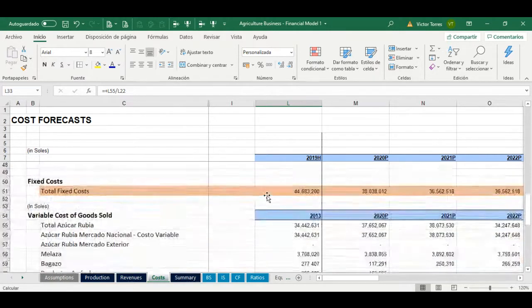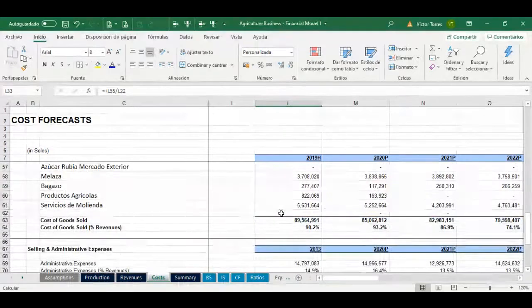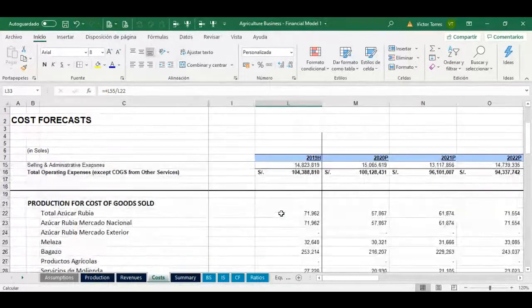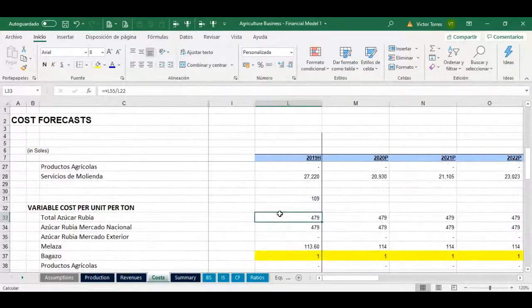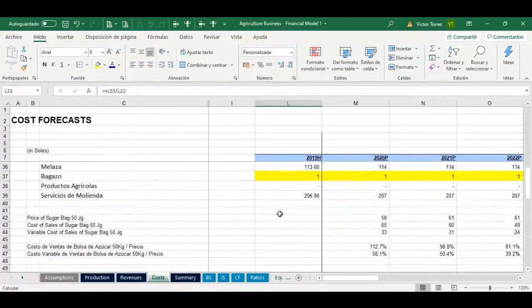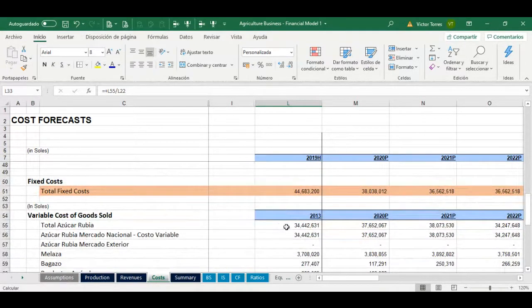What we have tried to do here is exclude the depreciation as part of our estimation, because we're going to be analyzing that in a bit. We try to separate everything related to depreciation in a different tab in order to forecast that correctly. That was part of the whole analysis that was being prepared here.